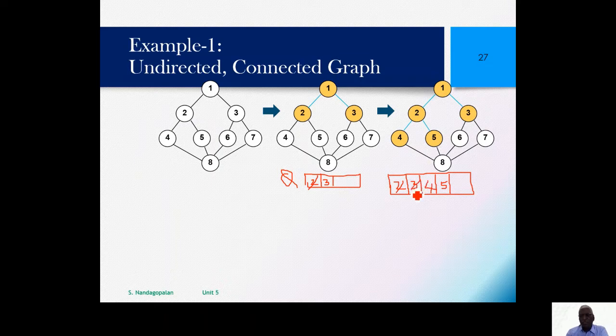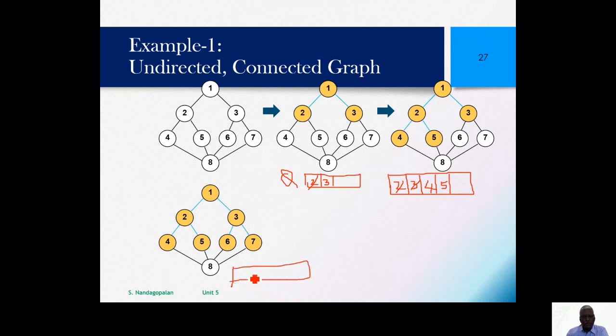So from 3, I have 2 adjacent vertices, 6 and 7. So 6 and 7. So my queue content will be now, 2 is already deleted, 3 is already deleted. Now 4 and 5 are the current contents of the queue.